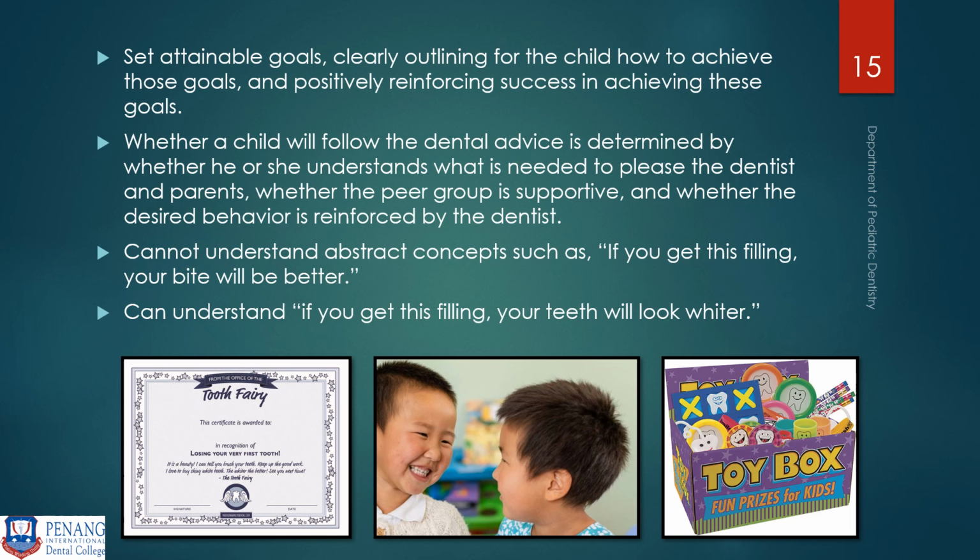So the better wording to use, if the child is getting a filling, is you can tell them, if you get this filling, your teeth will look whiter. This they can understand, and once they understand, they will start cooperating. So you use this stage and these techniques for children coming to a clinic in this particular age group.